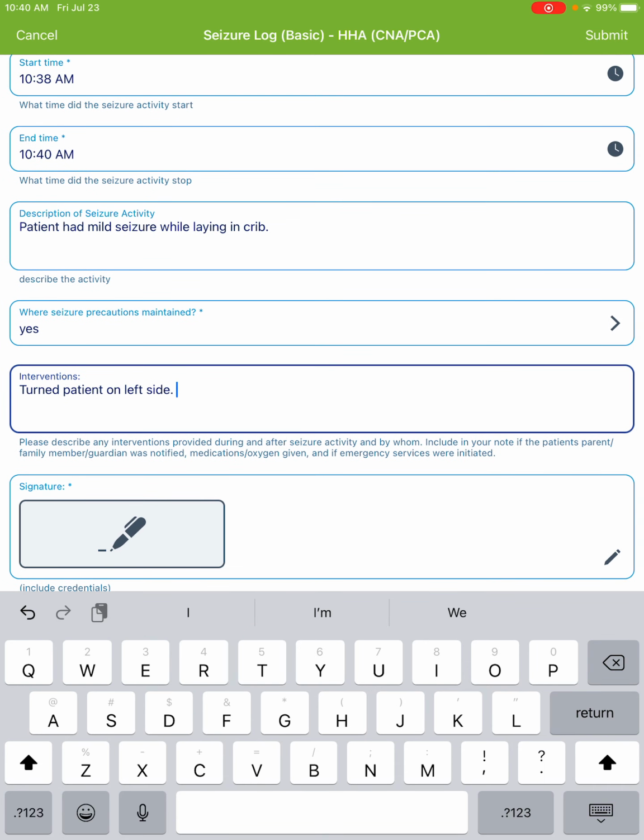Any additional interventions, you turned the patient on the left side, you may have reported this to mom, maybe you reported this to your supervisor. So that would be where you would describe all the steps that you took.